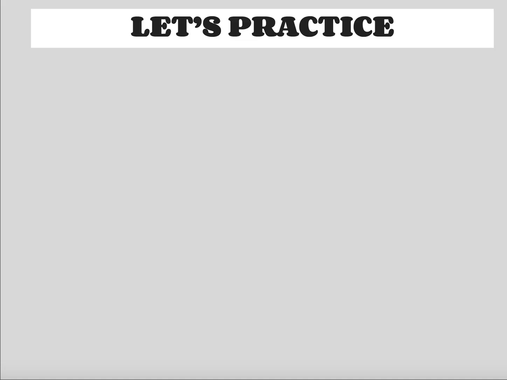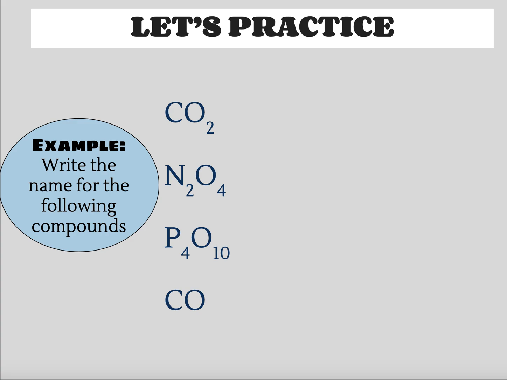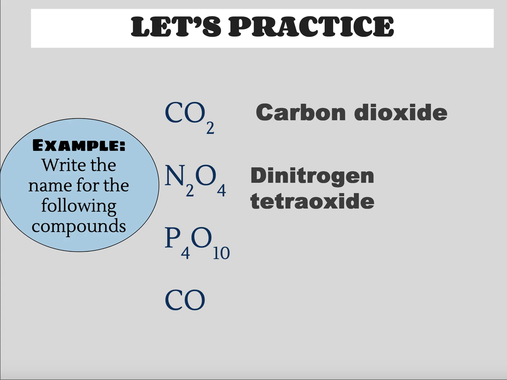Simple, right? So let's look at some examples. Go ahead and pause the video here and try to do these 4 on your own. Let's look at some answers. CO2, there is 1 carbon and there are 2 oxygens. And since we don't use the prefix mono on the first element, it's just carbon dioxide. N2O4 becomes dinitrogen tetraoxide.